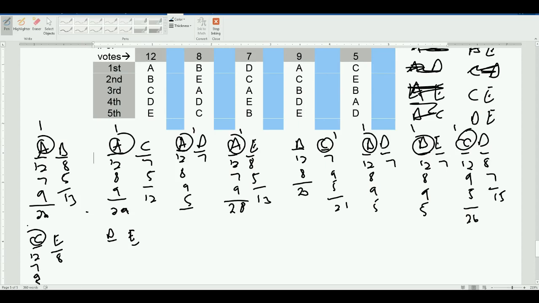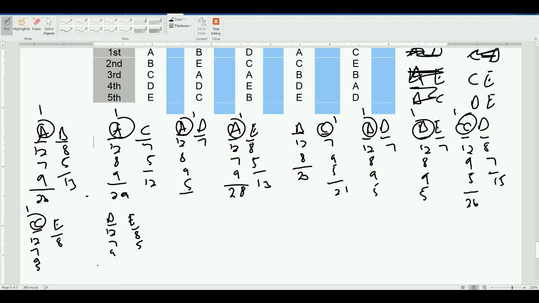So C wins for sure. Then D versus E. D wins those 12. E wins those 8. D wins those 7. D wins those 9. And E wins those 5. D won that one, but it doesn't hurt just to make sure: 28 versus 13. So D wins there.